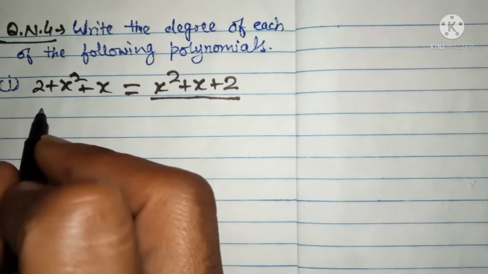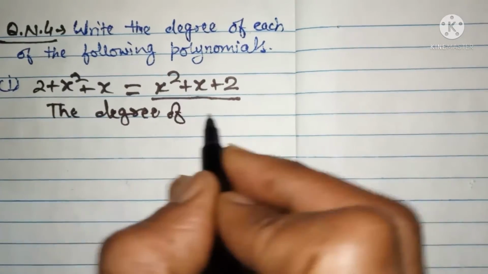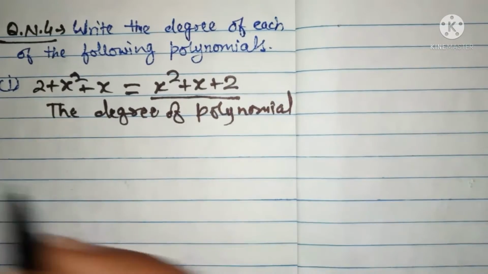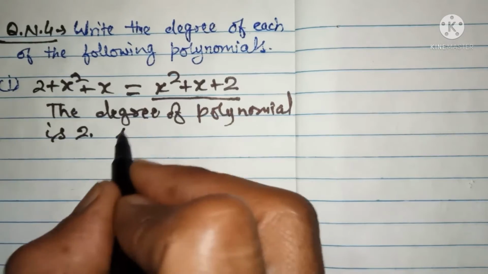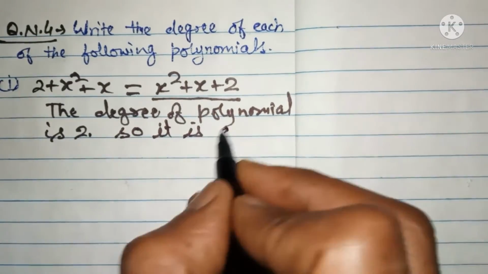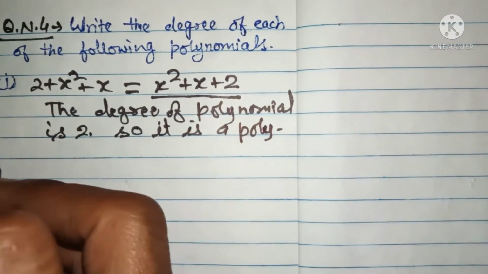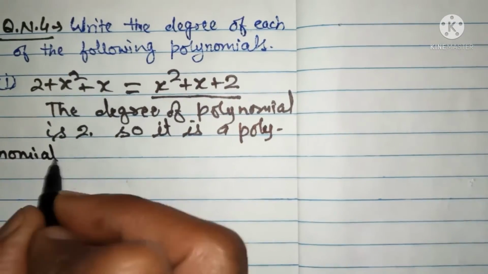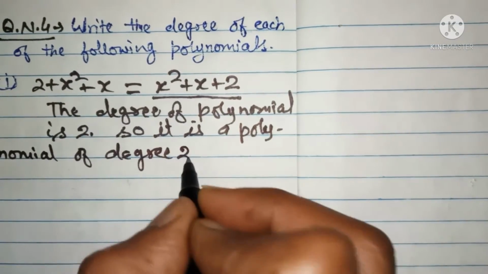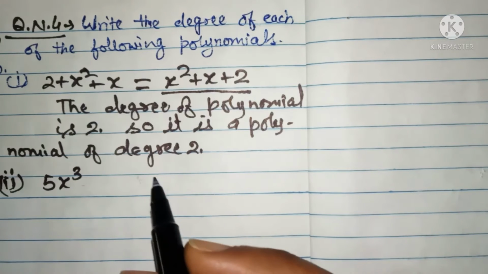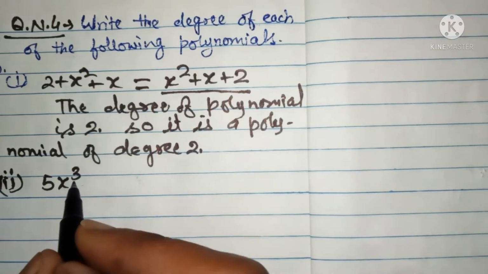So the degree of the polynomial is 2. So it is a polynomial of degree 2.